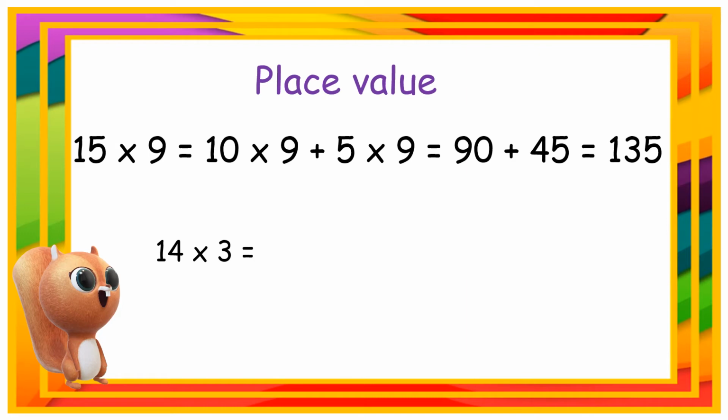Welcome back. Now, let's solve these together. How many ones do we have in 14? We have 4. And how many tens? We have 1 ten. So we can represent these as 10 multiply the second factor, 3. 10 multiply 3 plus our 4 ones, 4 multiply 3.